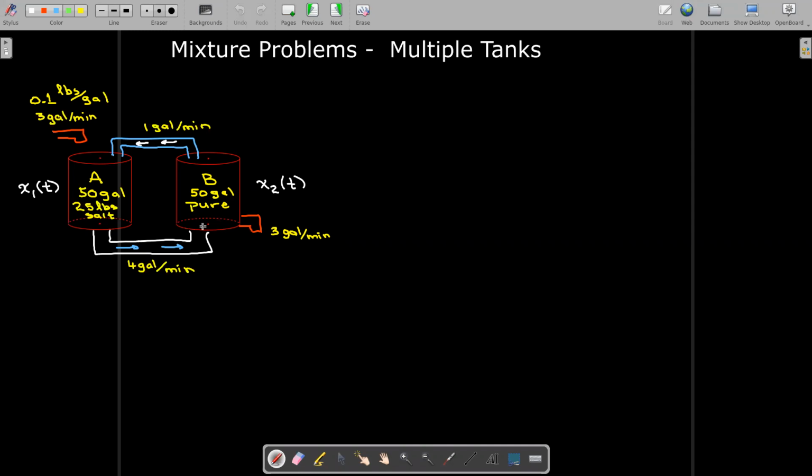So in the system, the volume is not changing, right? If we look at the net inputs and outputs, in addition to the brine going into tank A, we're going to pump some of that over into tank B. And in tank B, in addition to draining some of it, we're going to pump some of it out.